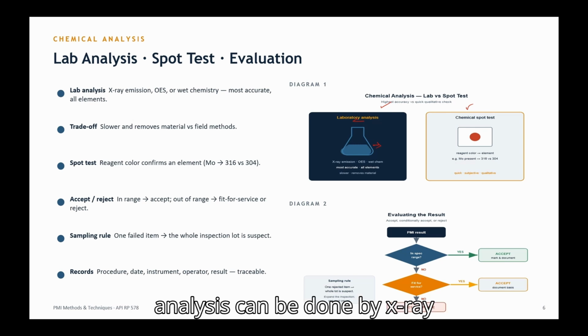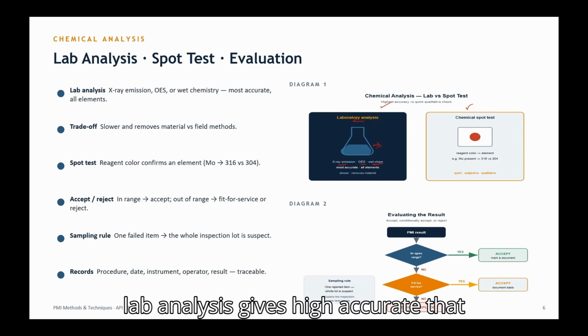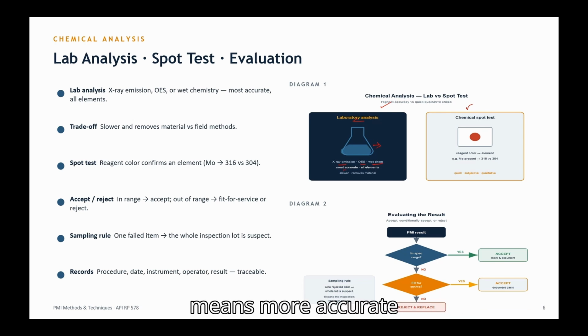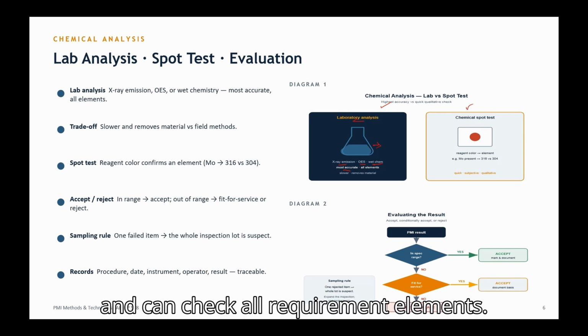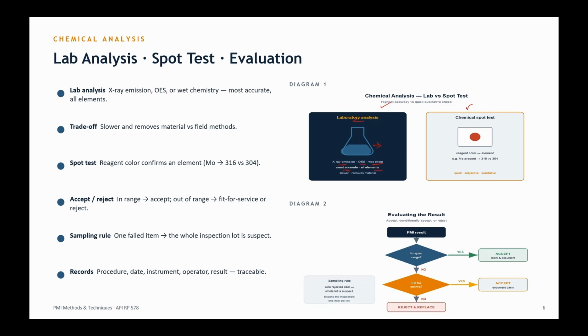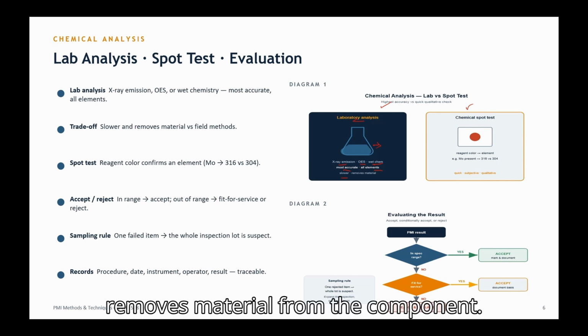Laboratory analysis can be done by X-ray emission, OES, and wet chemistry. Lab analysis gives high accuracy, that means more accurate, and can check all required elements. But it is slower. It removes material from the component.